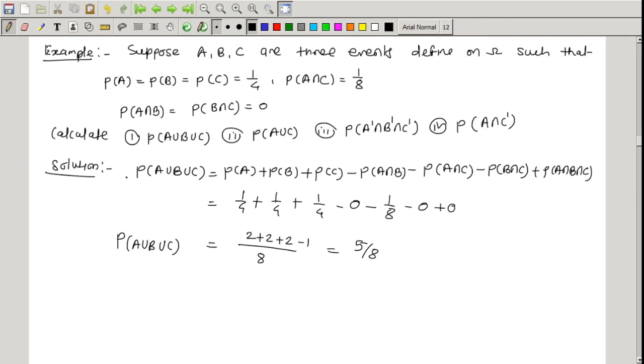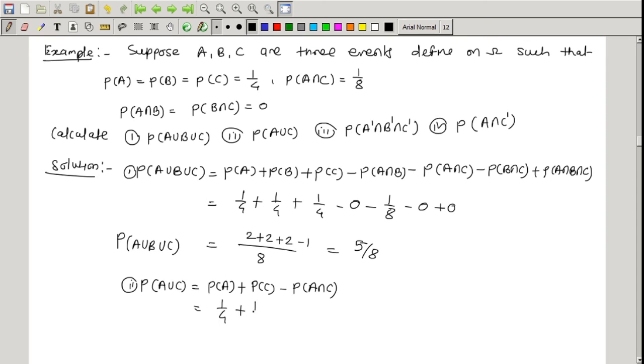This is the answer of first, and second, P of A union C, which is equal to P of A plus P of C minus P of A intersection C. So what is my P of A? That is 1 by 4.